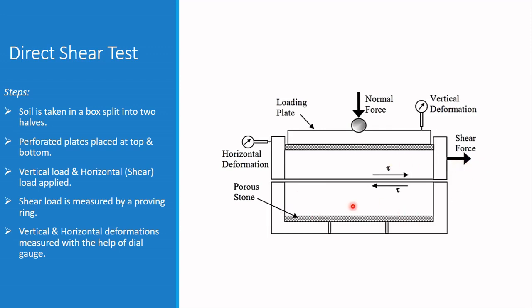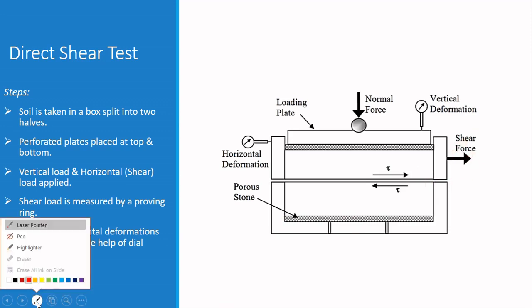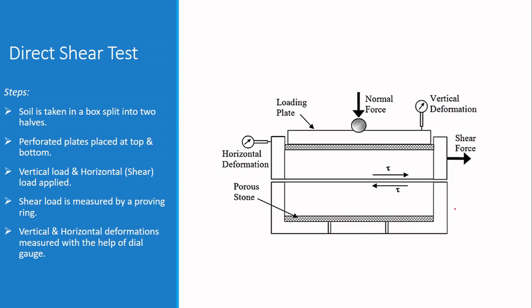The lower half will remain in its original position because it is fixed. The shear load applied to the soil sample is measured with the help of a proving ring, which is not shown in the diagram. Here I have a proving ring which measures the shear load applied to the soil sample.